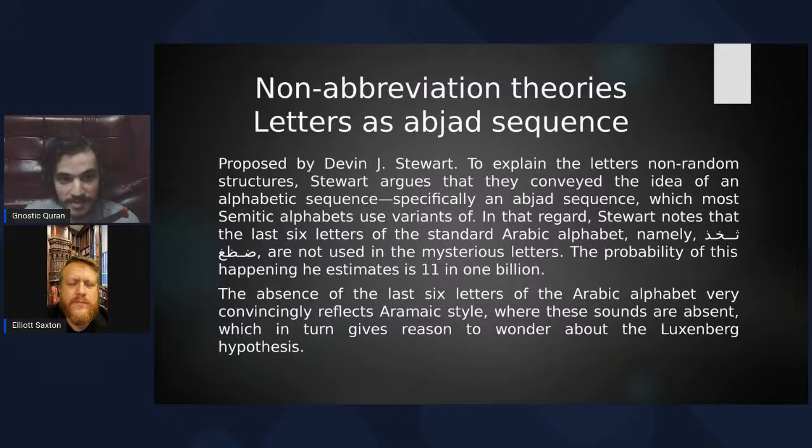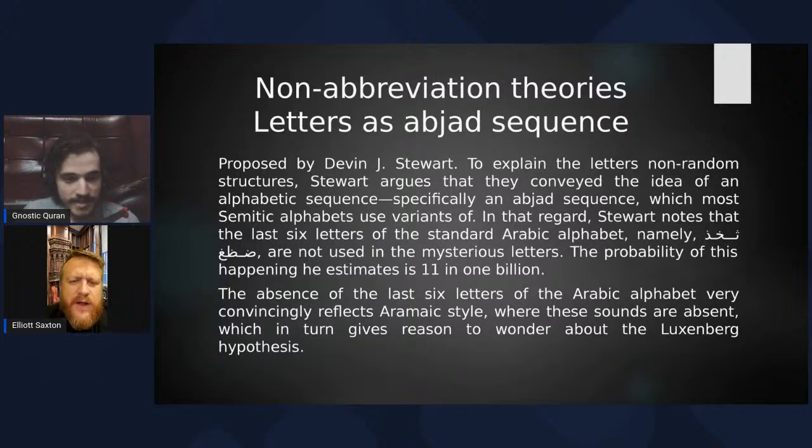But yeah, the probability is very low that at least one of the 6 letters wouldn't appear in these combinations. So with this, we're saying that these letters appear in Arabic, but in the parallel languages they don't appear.